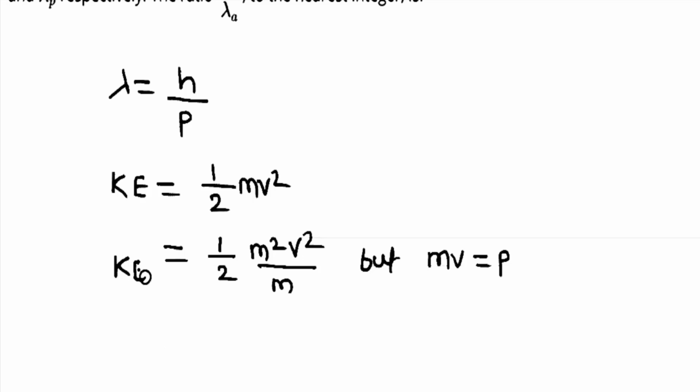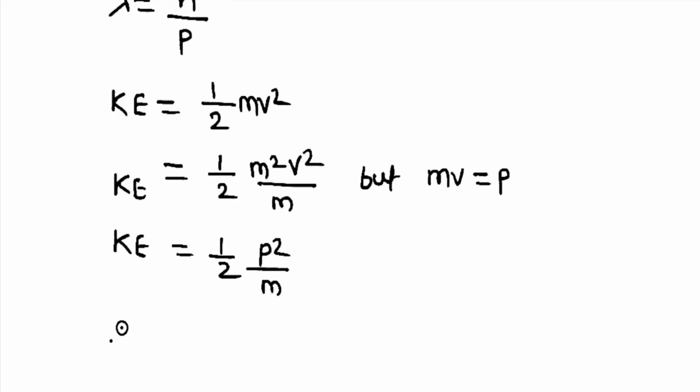That is, the kinetic energy is 1 by 2 p square divided by m. This is the formula of kinetic energy in terms of linear momentum. Therefore p square equals twice m into kinetic energy, and taking the square root, p equals root of twice m into kinetic energy.